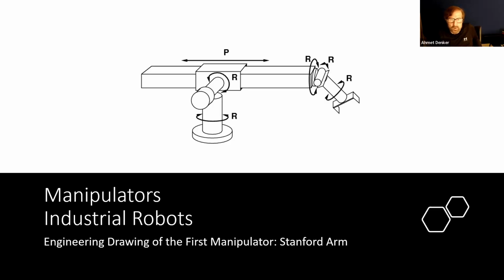Now think of an object in space. How many independent motions can, for instance, an aircraft make?